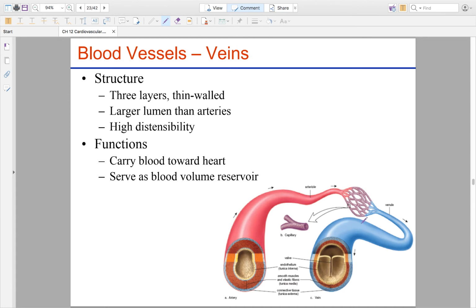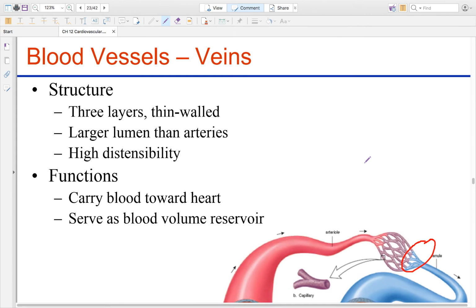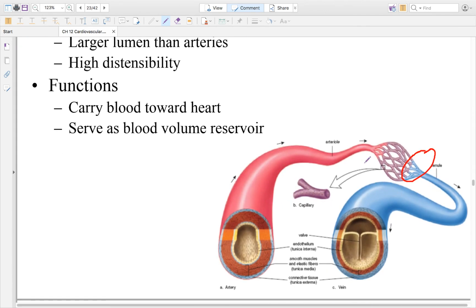Now, the capillaries connect to the veins, and what's being sent to the veins, as we saw in the previous slides, is CO2 and waste. And the veins, look at the anatomy closely.